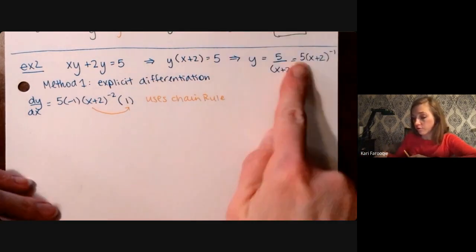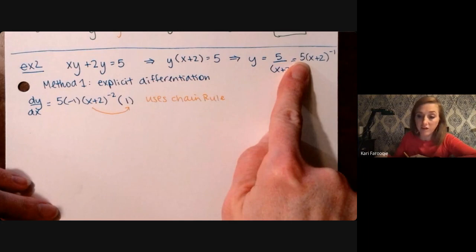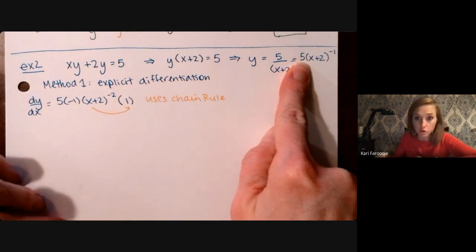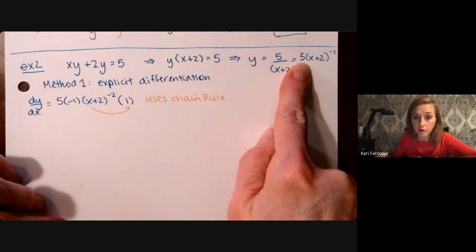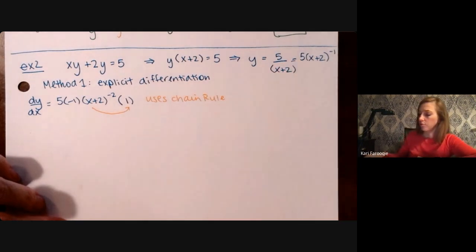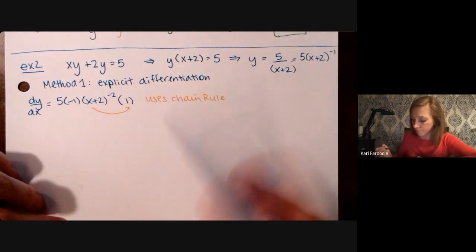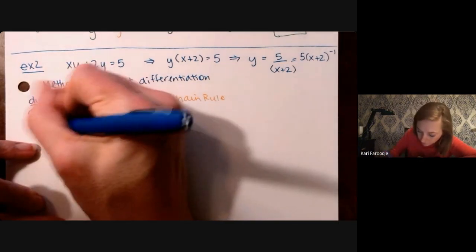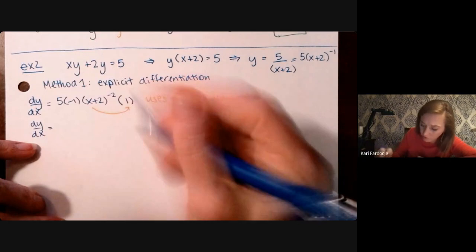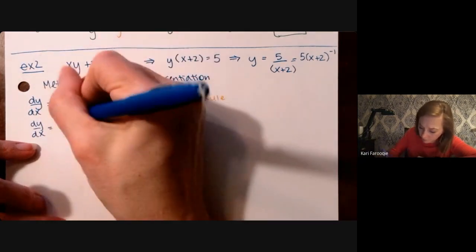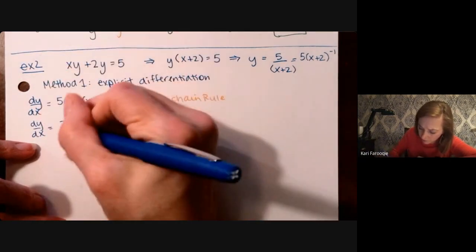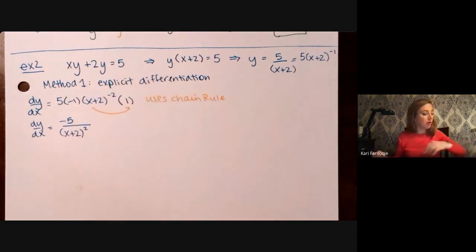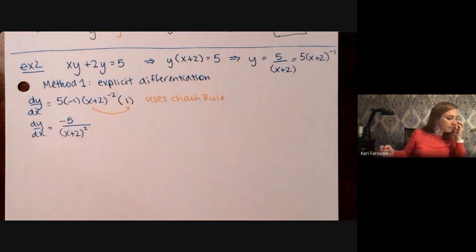And remember, the 5 just acts as a constant multiple. It's not 5x. If it was, I probably would have said just use the quotient rule. It's just a constant multiple. So we don't need to worry about any other crazy things occurring here. So dy/dx equals negative 5 divided by, and then in the denominator, we have (x plus 2) to the positive second power.